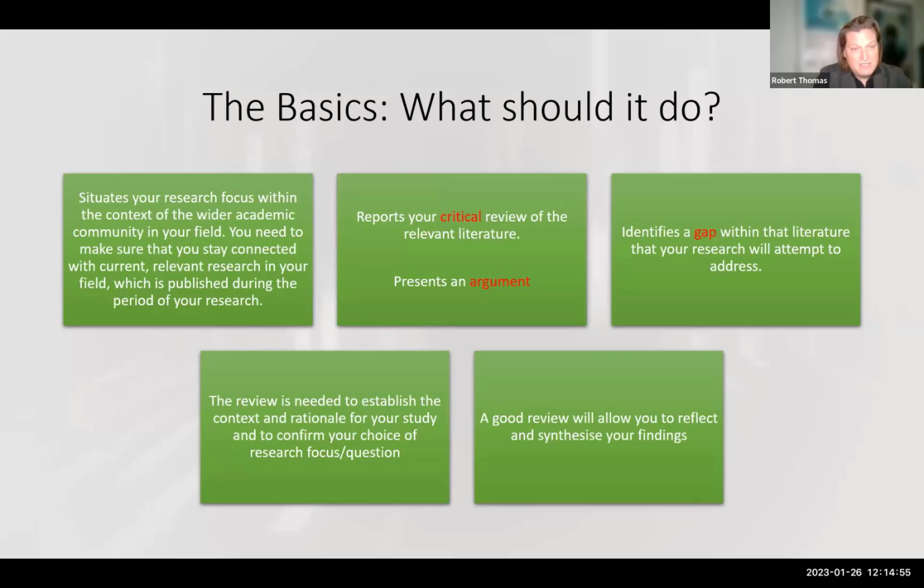But the other element as well is you need to be able to demonstrate a significant affiliation and synergy with your field of research. It's the breadth of reading, the citations, the acknowledgement of who the major authors are, the major theories and the major contributions. Those normally align in epochs over time.